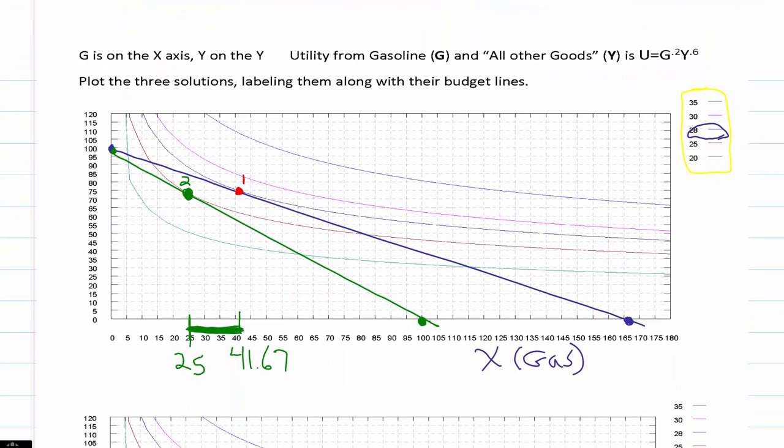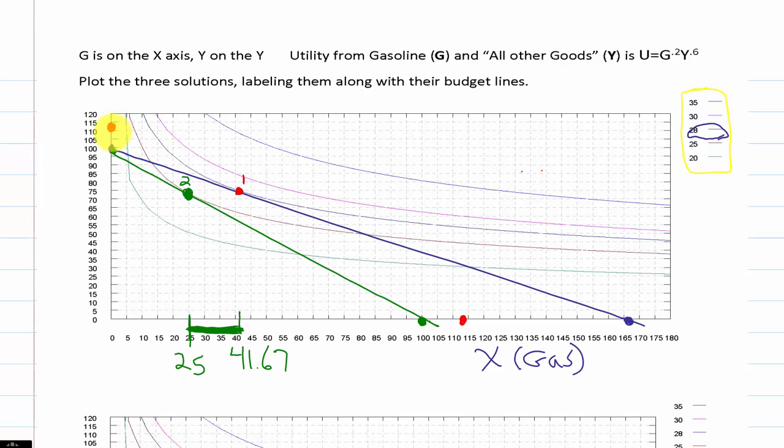So when we go down here to our indifference curve map, and we want to draw our budget line, here, let me draw this budget line in red. With $113.64, we could afford 113.64 units of all other goods, and we could afford 113.64 units of gasoline, since the price of gas is $1.